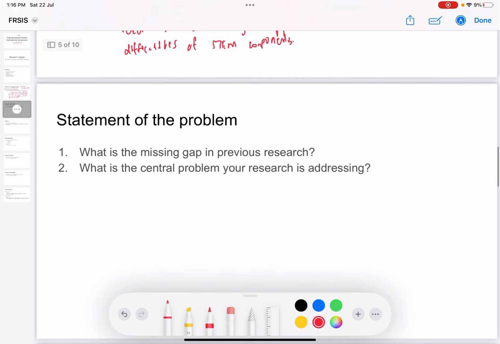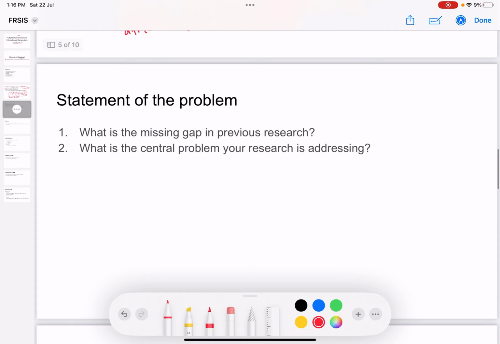So we'll move on now with the statement of the problem. So what is the missing gap in your previous research, and what is the central problem your research is trying to address?